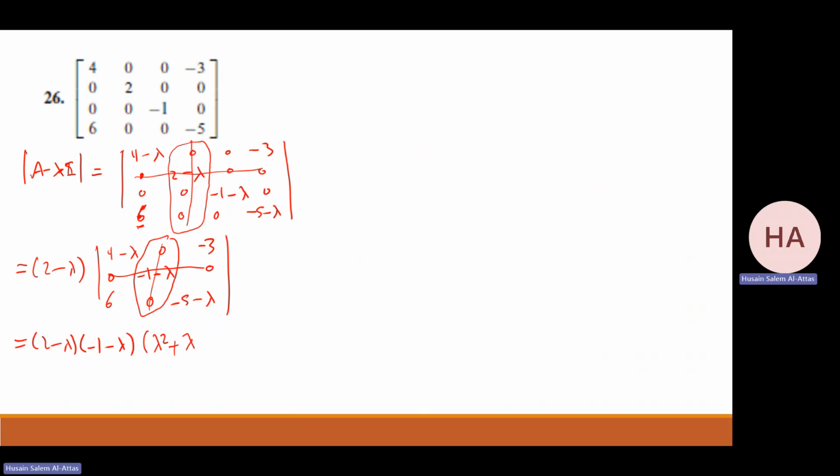I have minus 20 plus 18. So that will be 2 minus lambda, minus 1 minus lambda, lambda square plus lambda minus 2. That is 2 minus lambda, minus 1 minus lambda, and I have lambda plus 2.